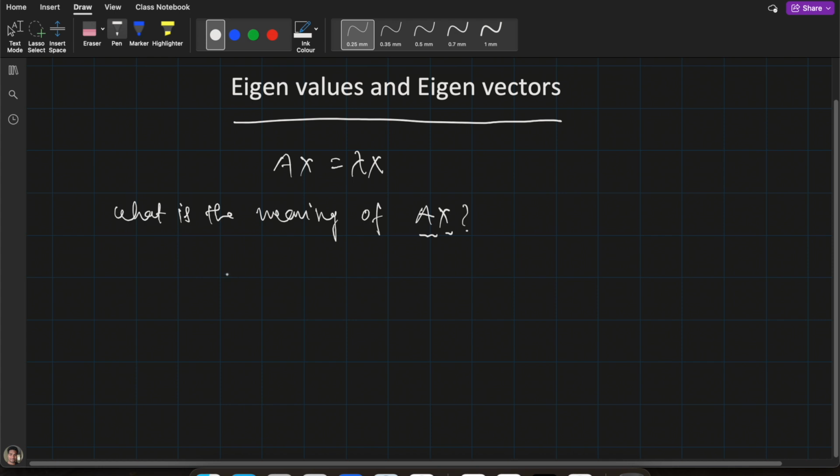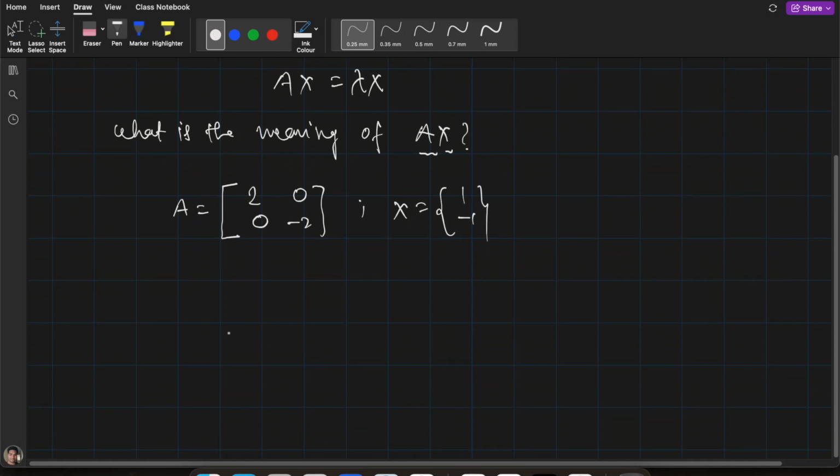Suppose A is just an arbitrary matrix. Suppose I have A equal to the matrix [2 0; 0 -2], and let's take X as the vector (1, -1). Now find A into X.